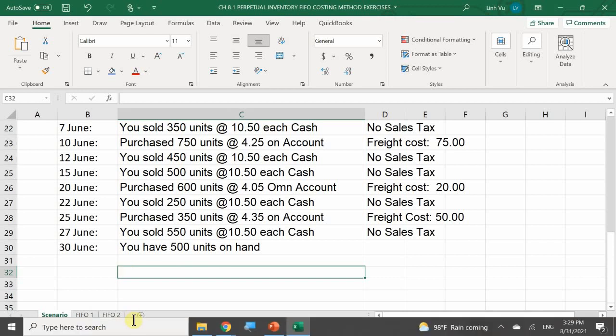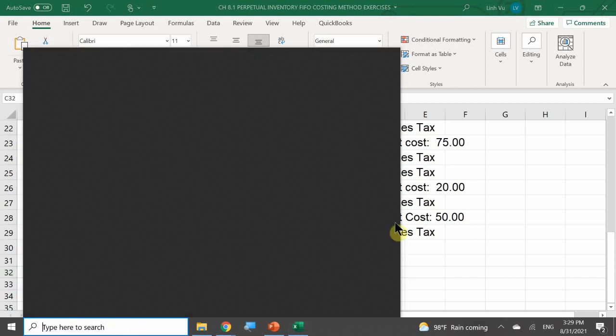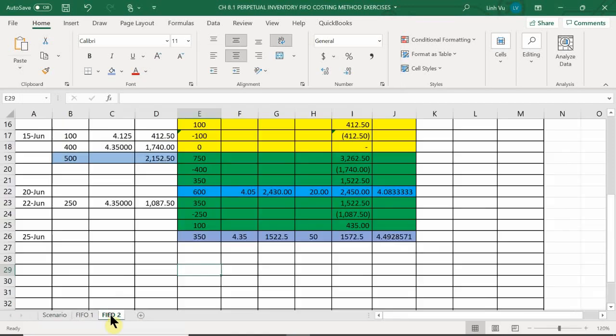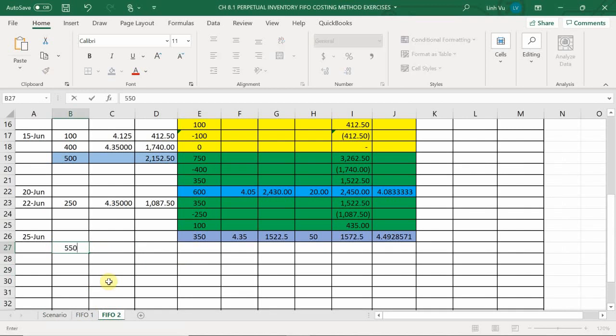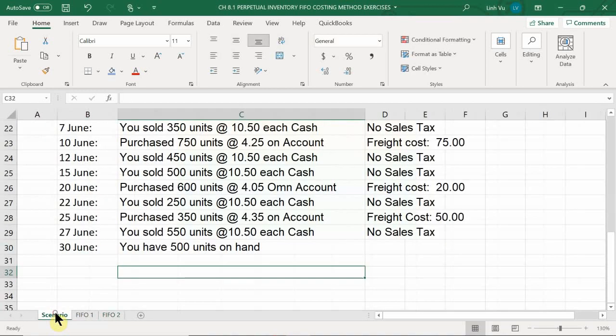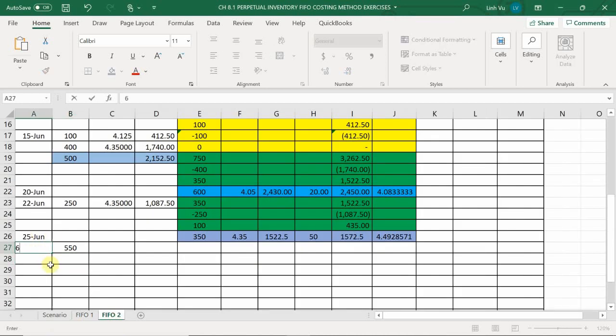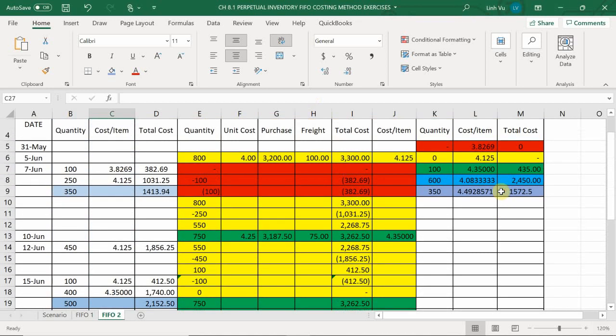So we sold 550 units on June 27th. Okay. So let's take a look at our batches of inventory. We still have 3 remaining. Now in this case, which batch are we going to take out from first?